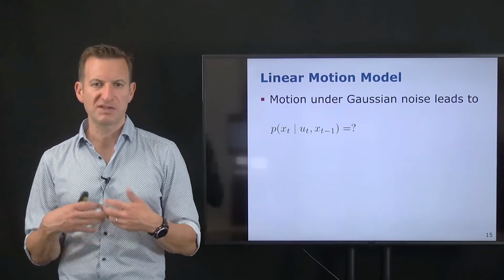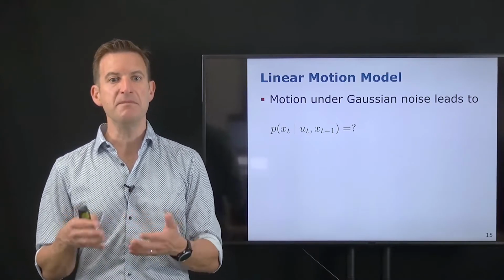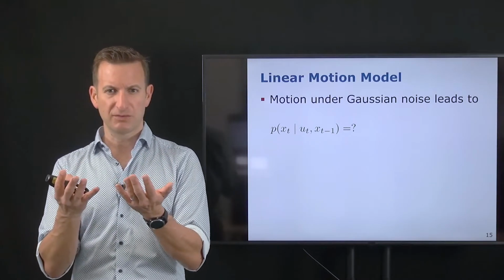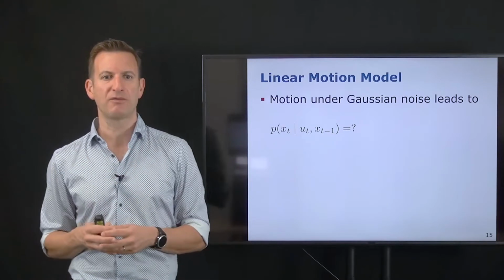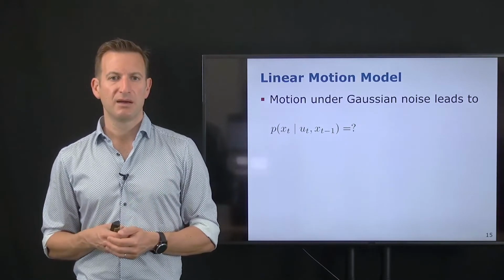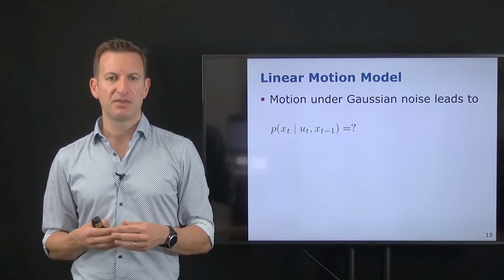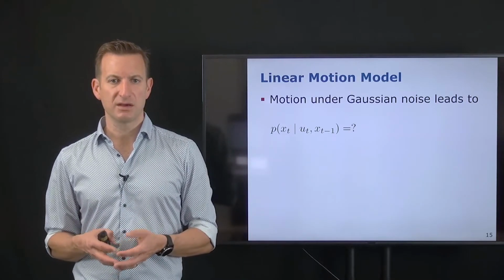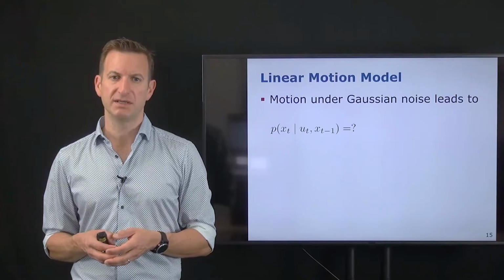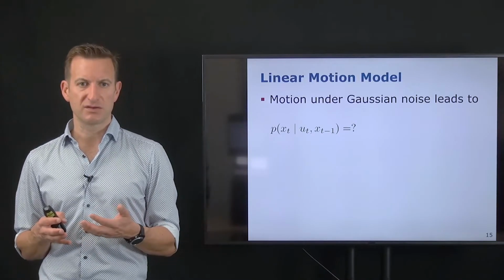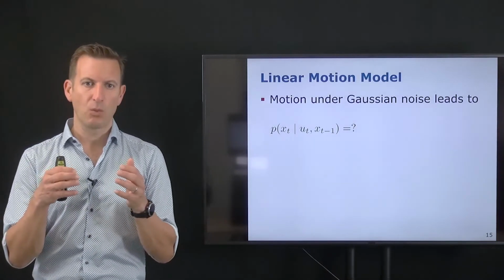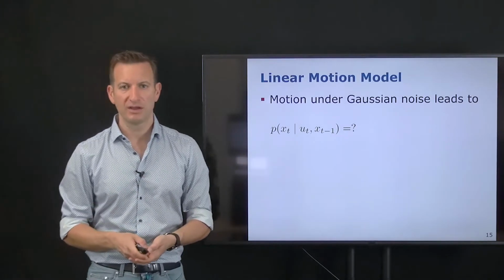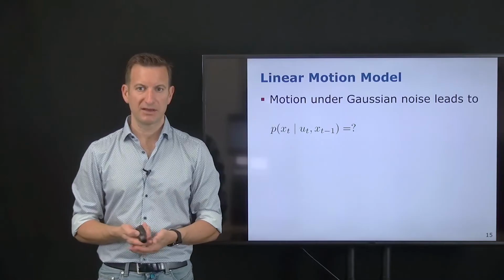This gives me a prediction of where I'm going to be, and this specifies the mean of the Gaussian distribution. So I'm looking at how far I am from the mean, and then I need to take into account the uncertainty of my motion. In this case, the covariance matrix RT is the uncertainty associated with this, so that I can specify the probability distribution of where I'm ending up, given I know where I started and the control command I have executed.